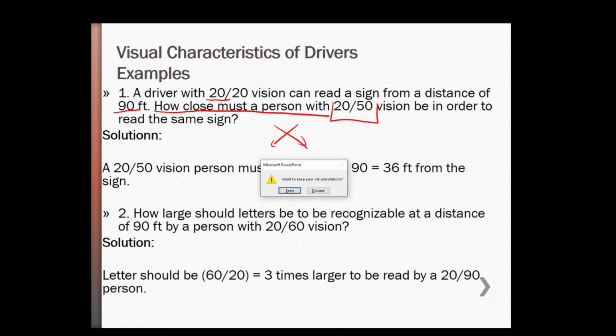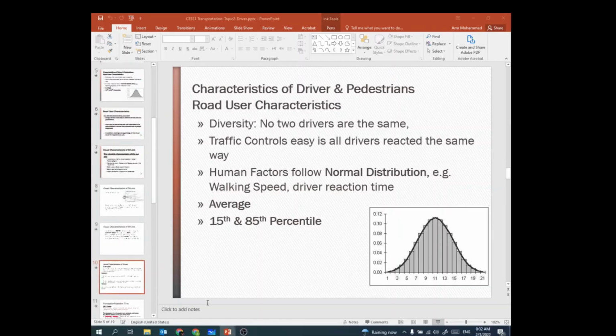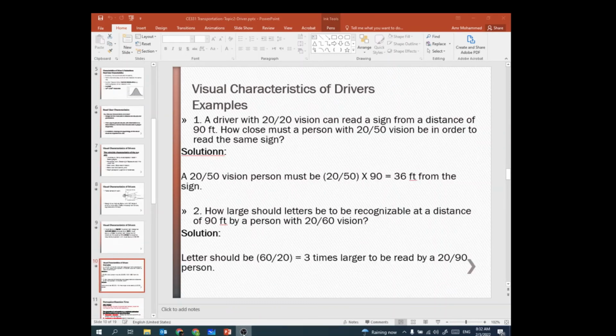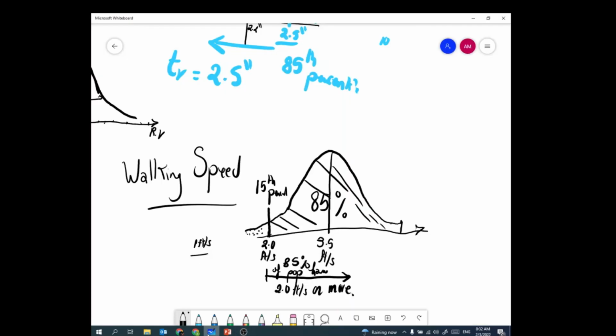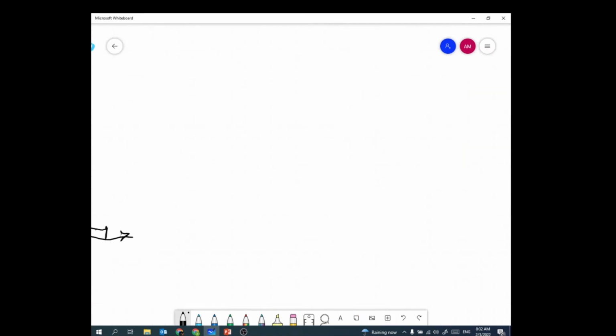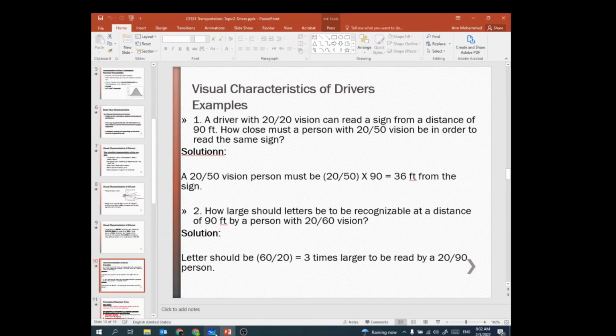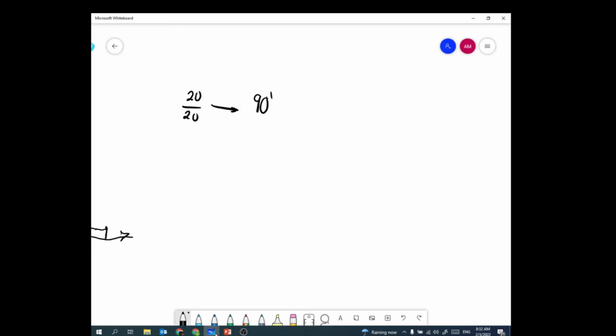So let's do the question. We have a driver who is 20/20 and can read a sign at 90 feet. Then if a driver has 20/50 vision, how much is x? How many feet away can this guy read the sign?